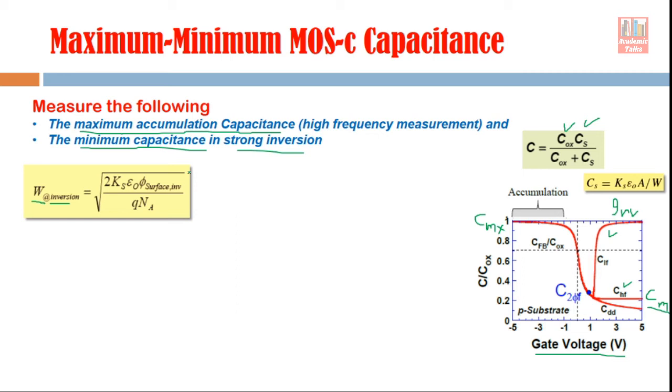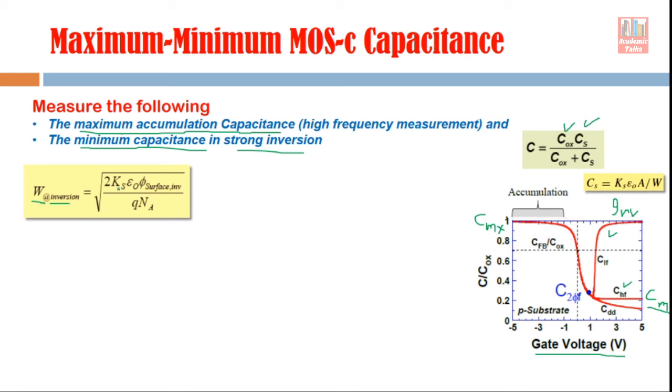In the depletion region which forms there, the depletion region width is given by this kind of formula. You have also seen this formula when you were studying MOS theory. So you see, the width of the depletion region in the inversion biasing condition is given by this.